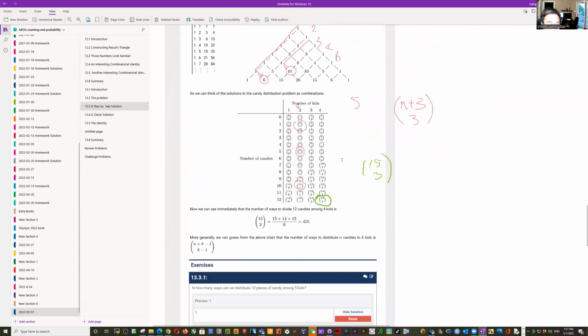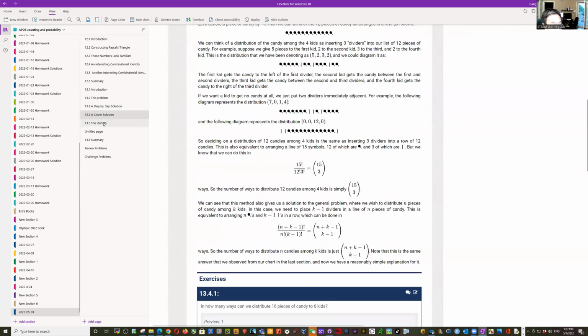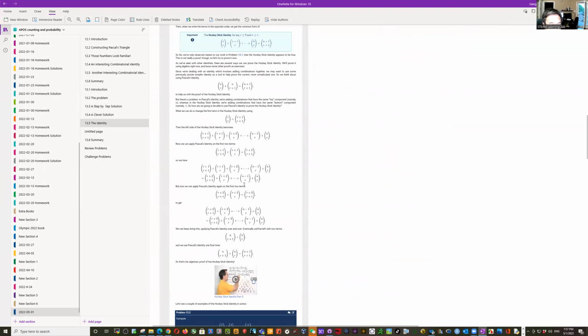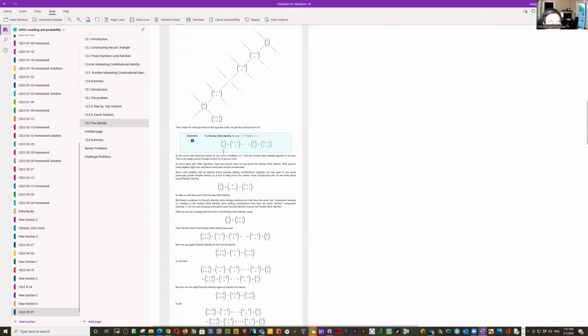So given this pattern, we're trying to identify the numbers on the Pascal triangle itself. Then we discover the chain reaction. After finding the chain reaction, we actually find the identity, and I'm not really recommending you remember this identity.